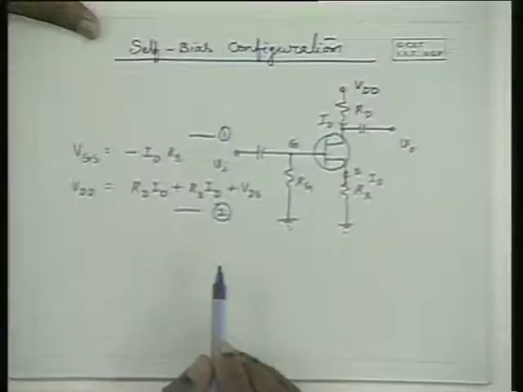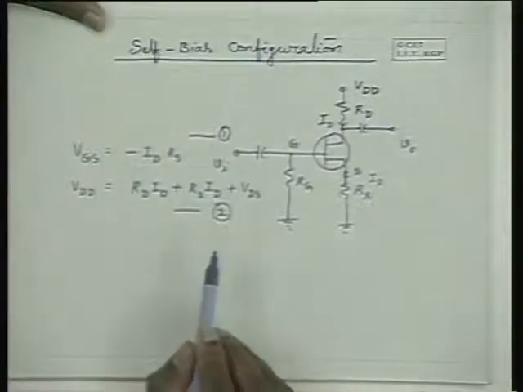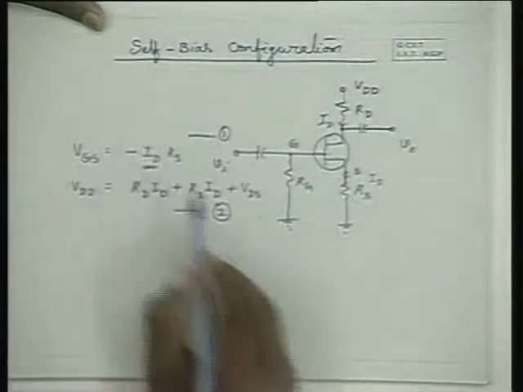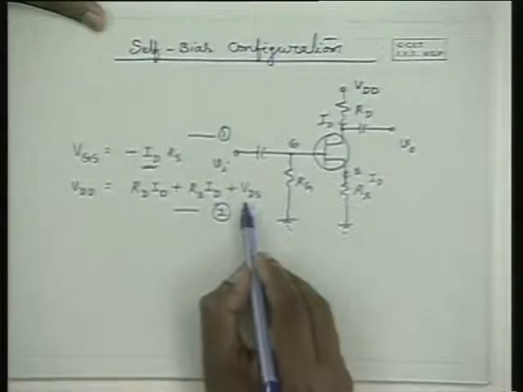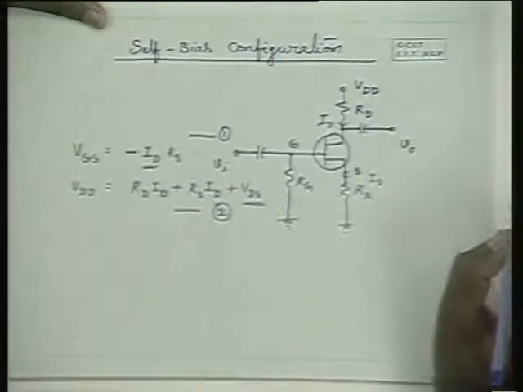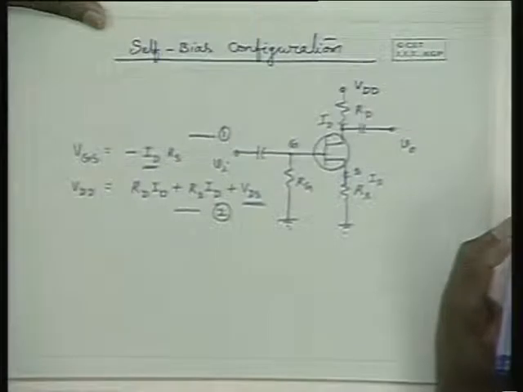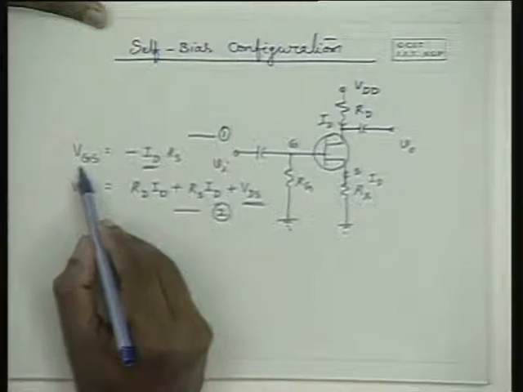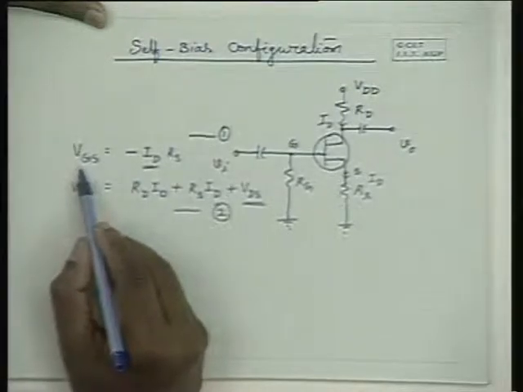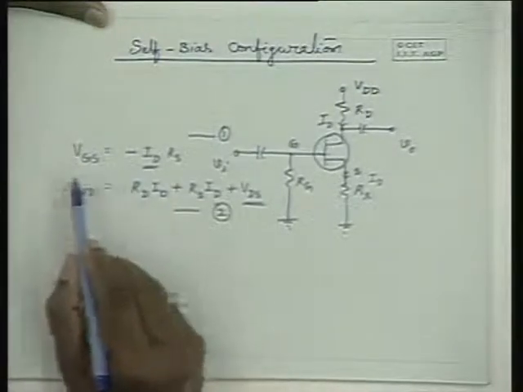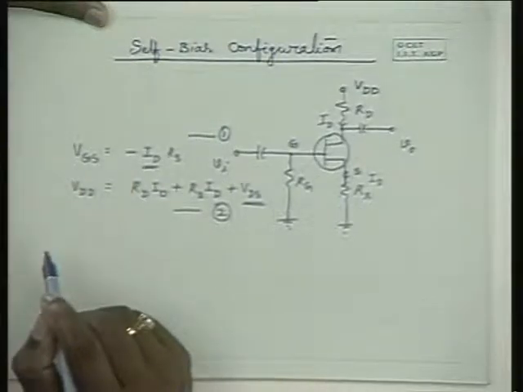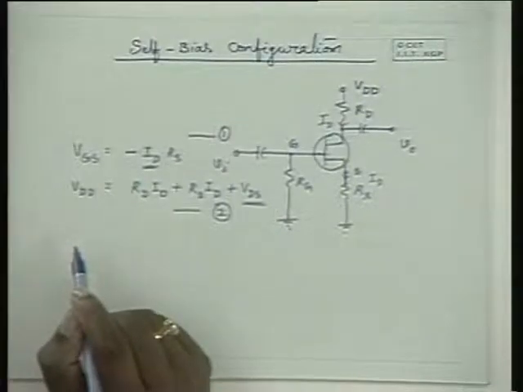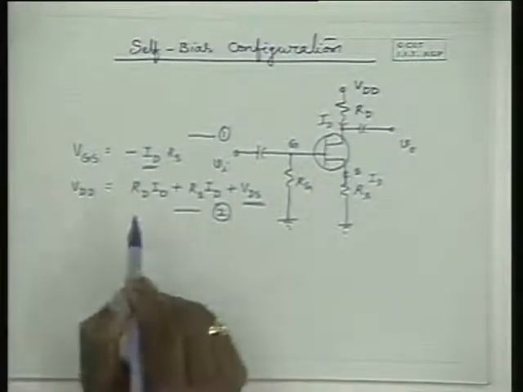So these are the two equations to be solved, and what are the unknowns here? ID is one unknown and VDS is the other unknown. ID and VDS are the unknowns. That means VGS should be known. For that particular ID, VGS should be known. So otherwise, there is no way we can solve these two equations.